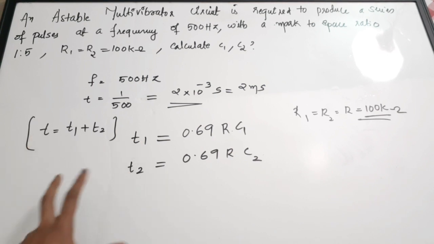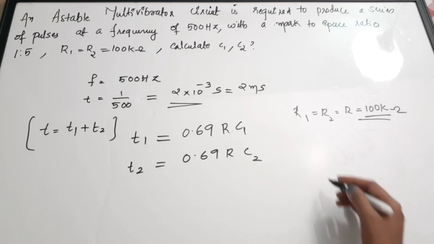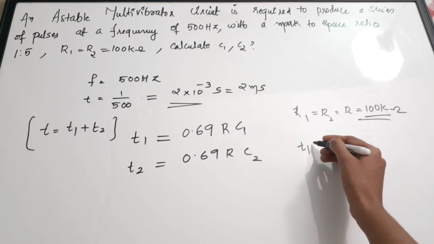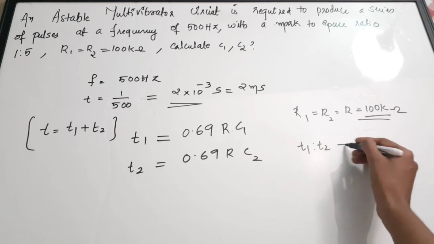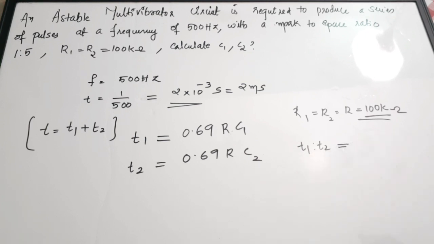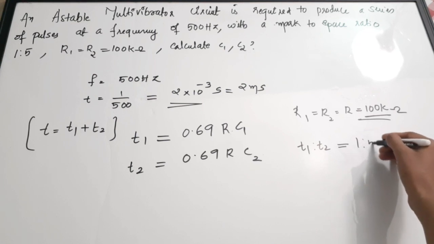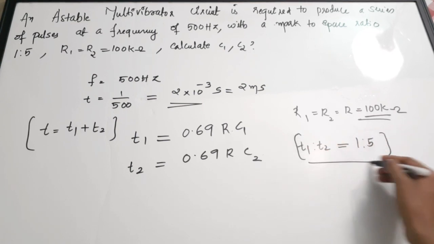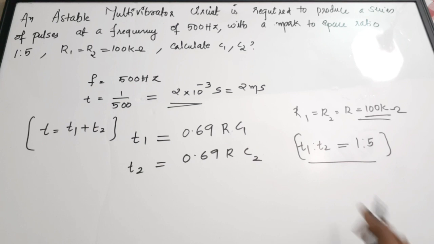For finding T1 and T2, another point is given in the question: a mark to space ratio of 1:5, which is actually the ratio of T1 to T2. We don't know T1 and T2, but the ratio is given.